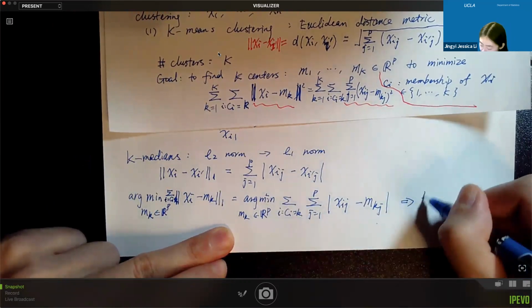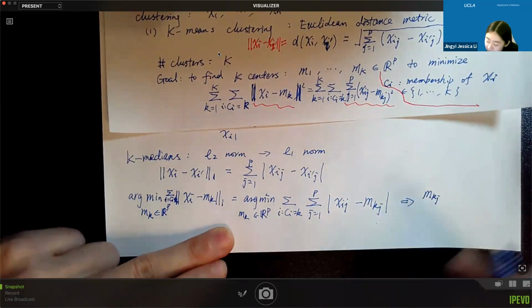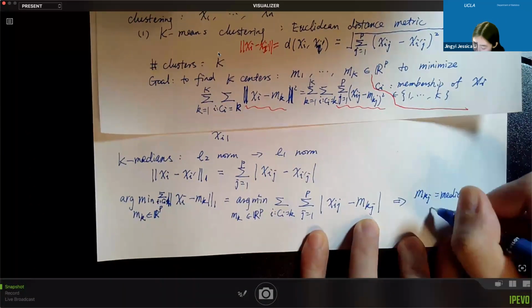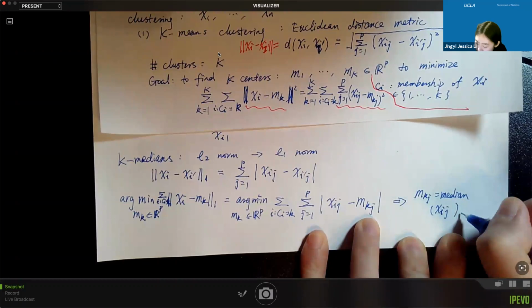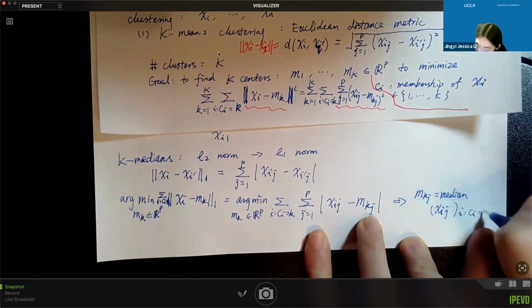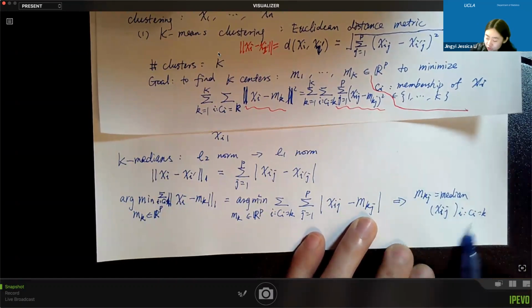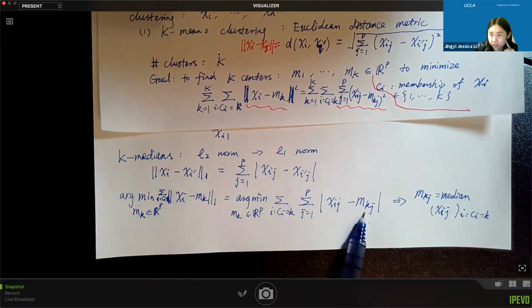So the mkj, the jth coordinate I need, is actually the median of xij for the i's such that they are in the kth cluster. So I will take the points in the kth cluster and I will pick their jth coordinate. And of those jth coordinates, I pick the median. And I can show that that median would minimize this summation for the jth dimension.